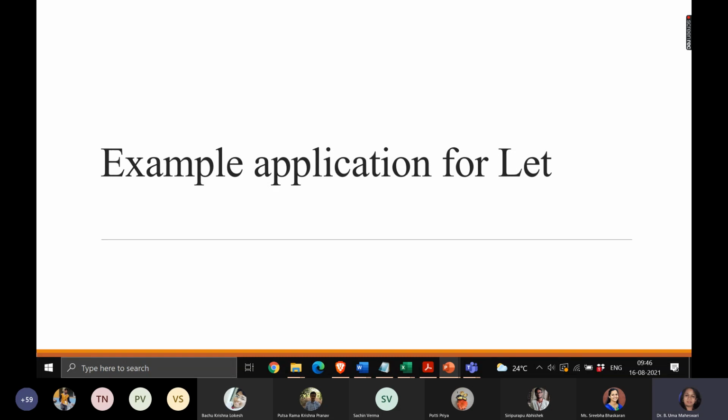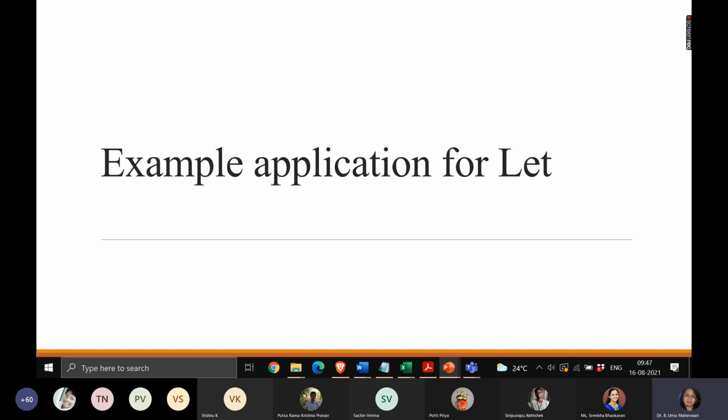Ma'am, both are equally understandable. Okay, very nice answer. Okay, so with the help of let, Sriba has explained the local scope and the global scope as well, right? So within the let function, any variable that is defined has a local scope, and outside the let, whatever is available will be global scope.